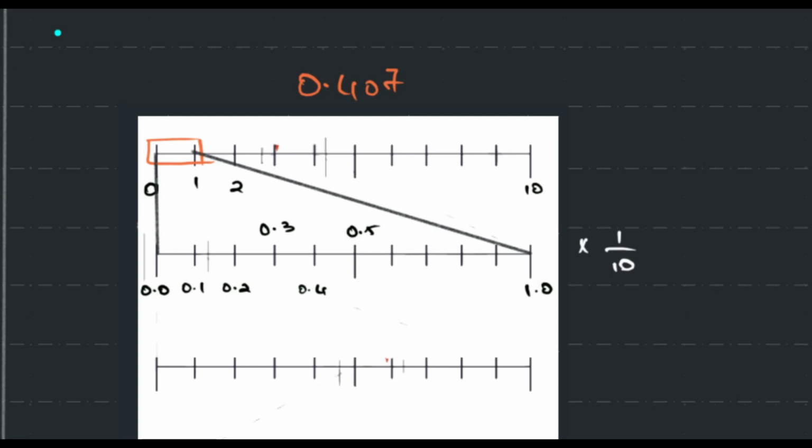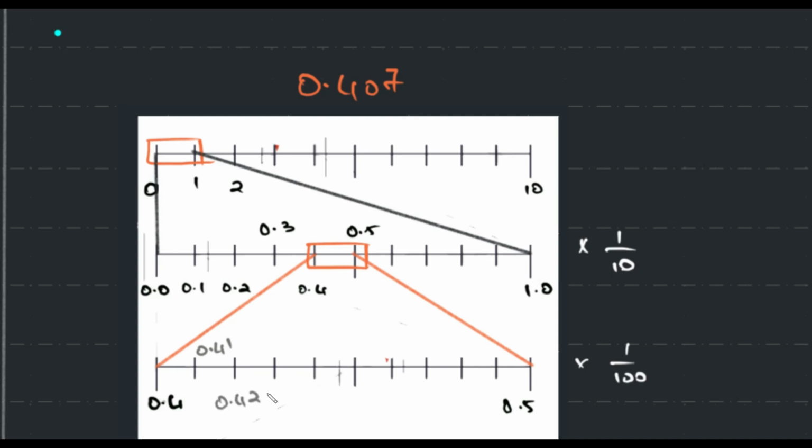Yeah. We have to take up between 0.4 to 0.5. Here is where we'll zoom in. So we have 0.4, okay, not the color, 0.5. This is a place wherein we are talking about 100th. So basically this is 0.41, 0.42, right?